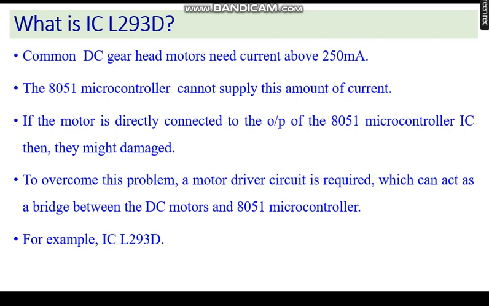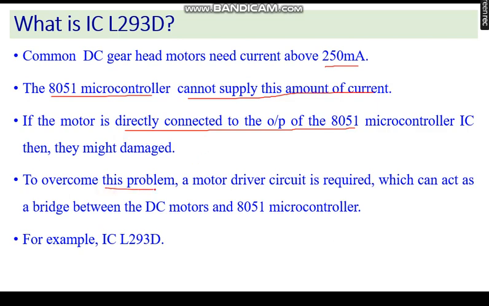Now there is one IC, that is L293D. Common DC motors need current of more than 250 milliampere, and the 8051 microcontroller cannot supply this amount of current. If we connect the motor directly to the output of the 8051 microcontroller, it may get damaged.